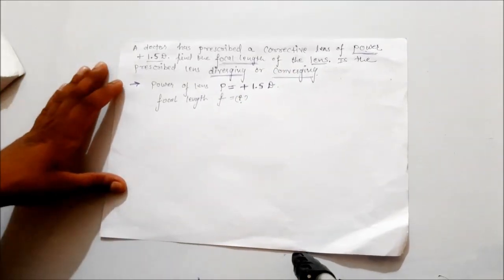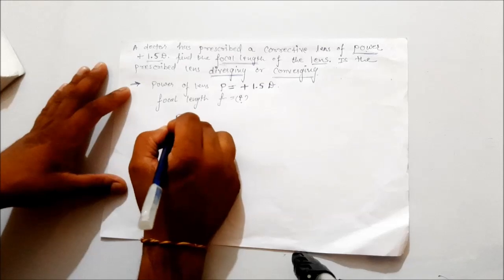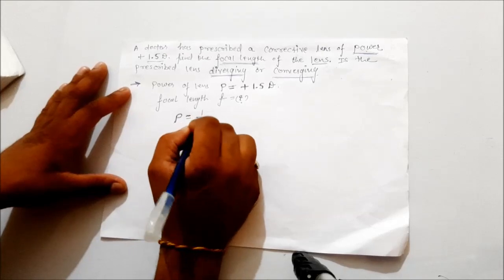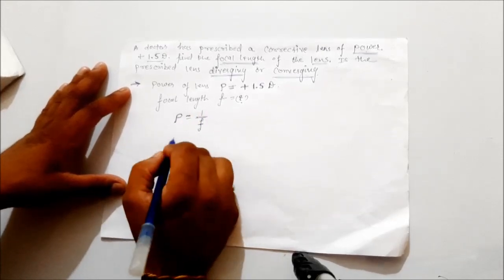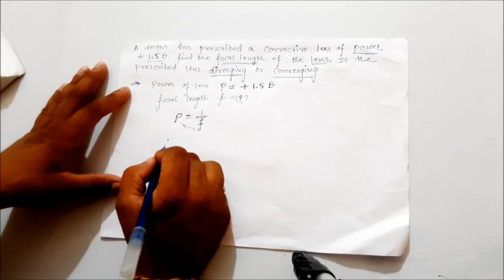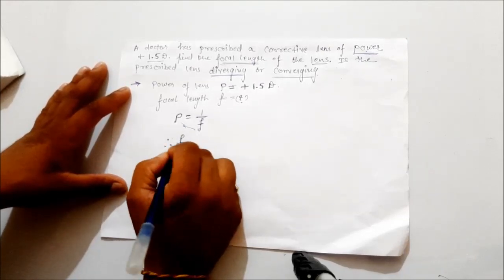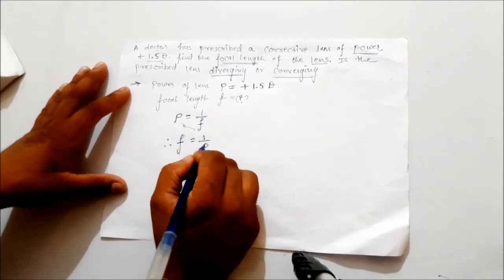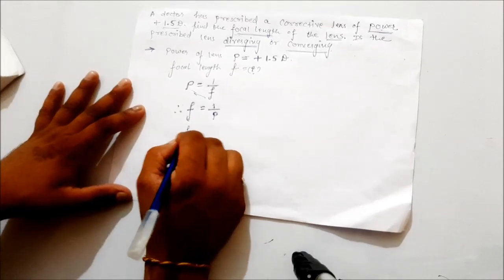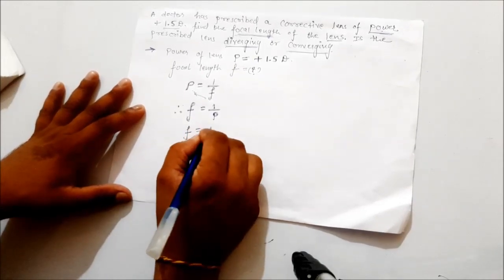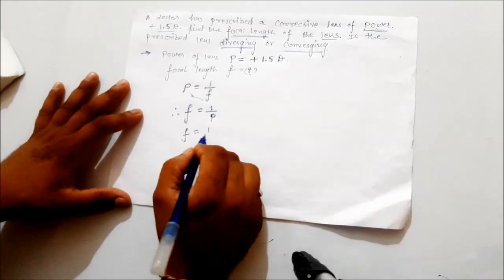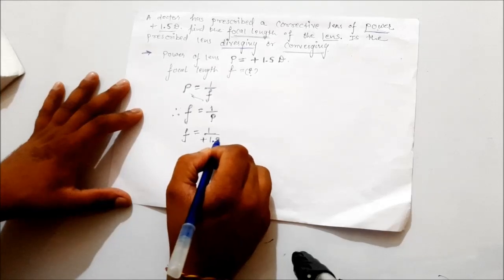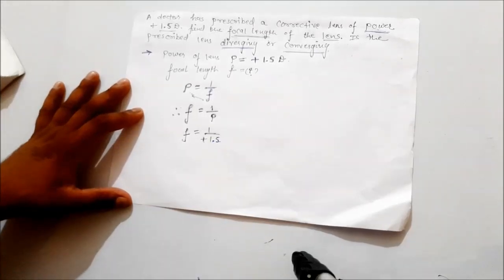It's very easy. We know the formula: P is equal to 1 upon F. According to that formula we have to find F, so F is equal to 1 upon P. F is equal to 1 upon 1.5, and the power is in diopter, right?